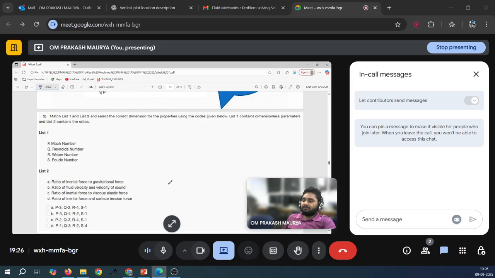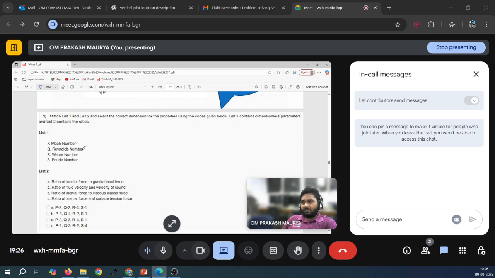Here is again matching the list of non-dimensional numbers. Match list 1 and list 2 and select the correct answer using the code given below. List 1 contains dimensionless parameters, list 2 contains the ratios.